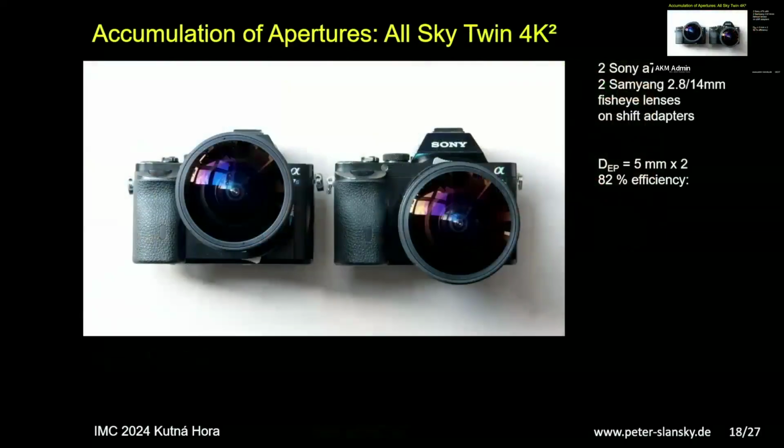And you saw that already. So this is a fisheye lens. You don't like them, you have your reasons, but you have to say a fisheye lens has one big advantage: by its construction, it has nearly no falloff from the center to the corner.